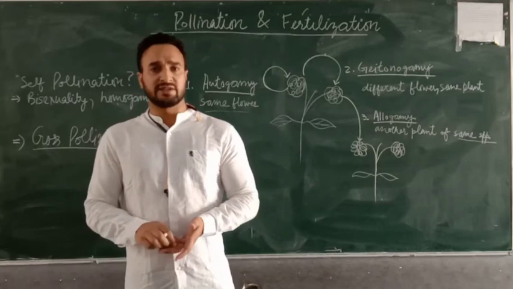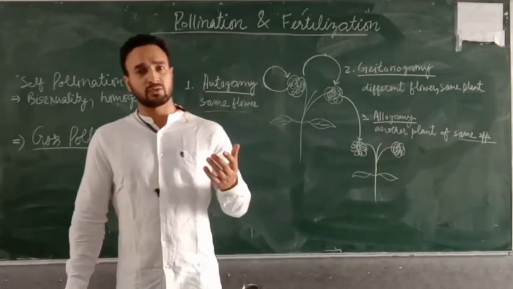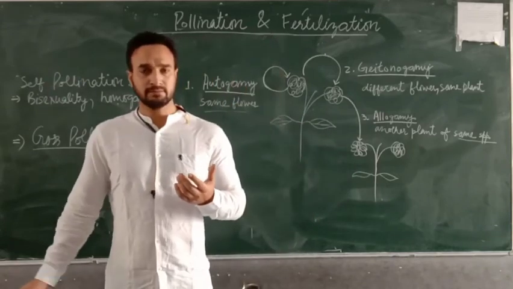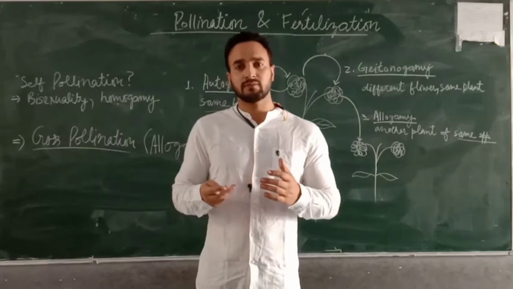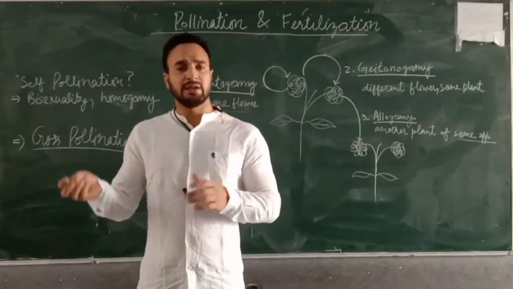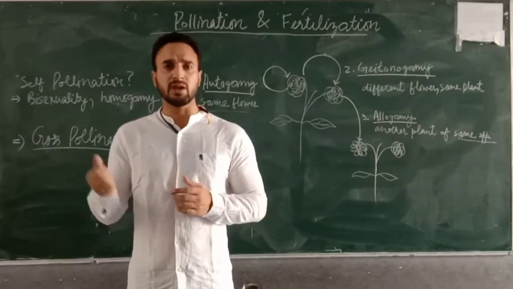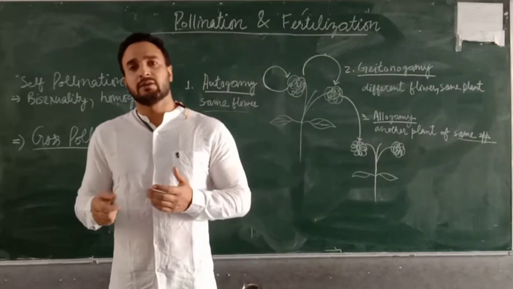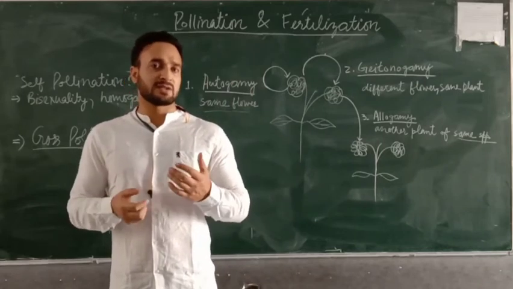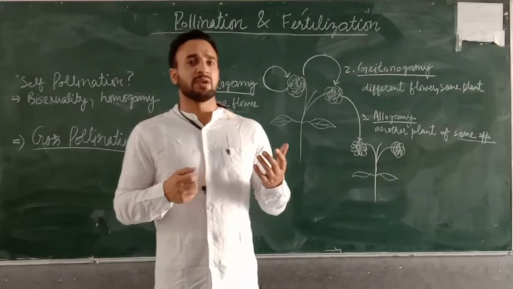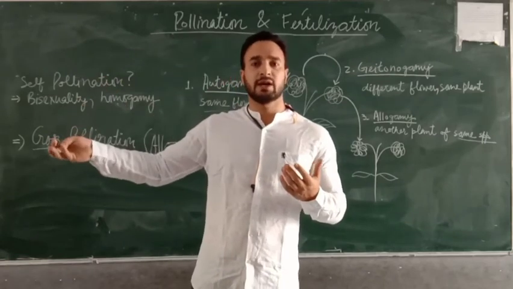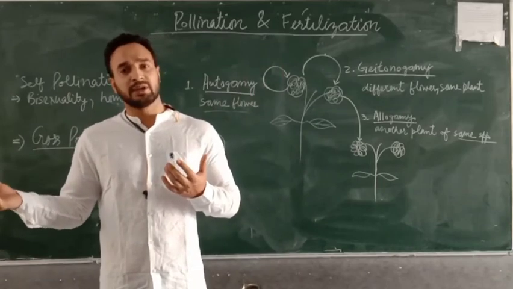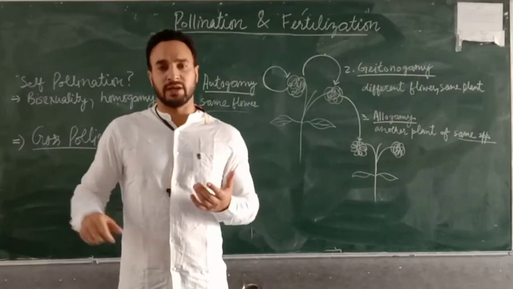The stigma of the rose flower can receive pollen grains from other plants as well, because there are many agents of pollination, say air or honeybee. The honeybee that is right now sucking nectar from the rose flower has previously been to a neem plant, shisham, sunflower. So it can bring pollen grains from different plants, right?